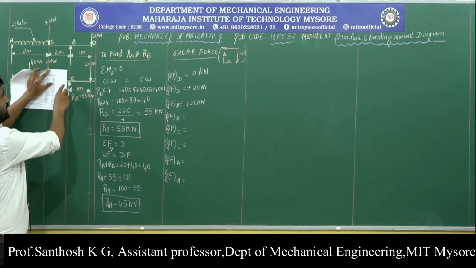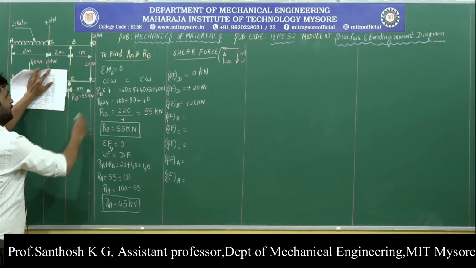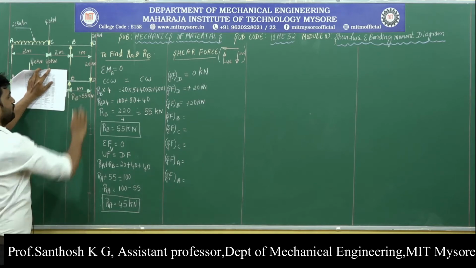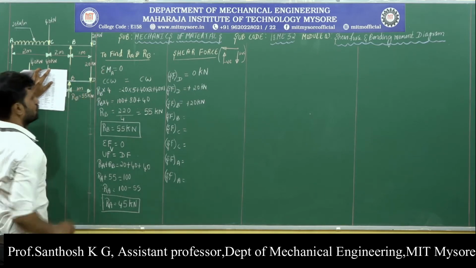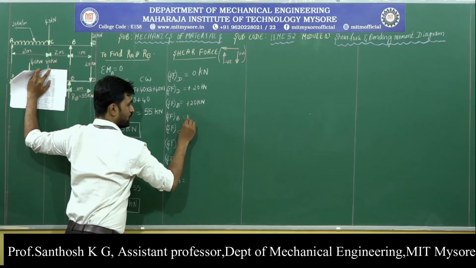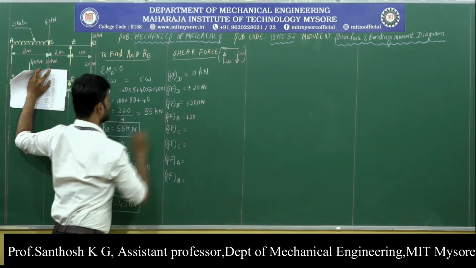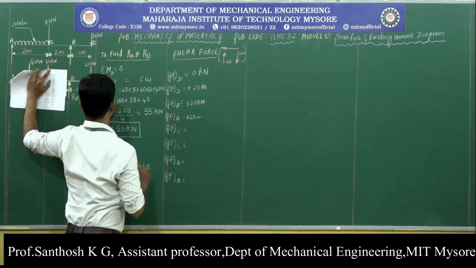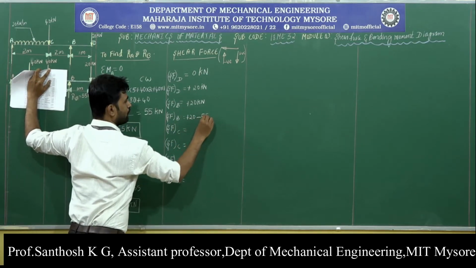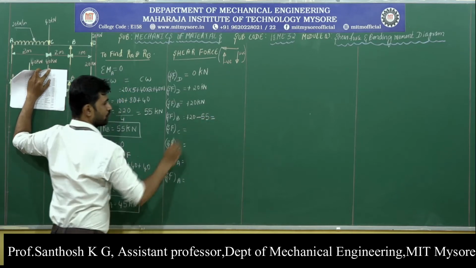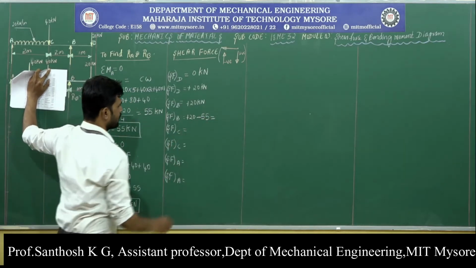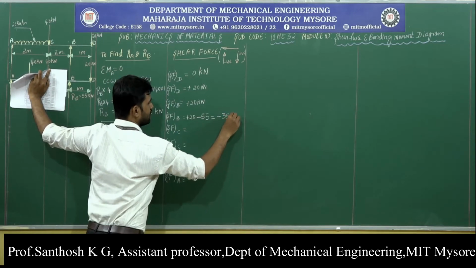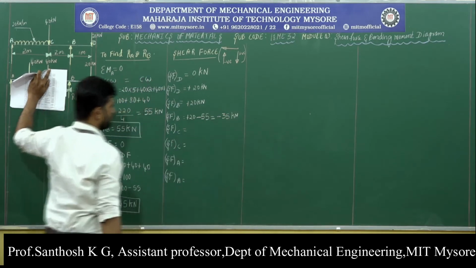Then, if we consider the shear force acting at B, while moving from right to the left side, we will get two shear forces. One is downward shear force of magnitude 20, and another one is upward shear force of magnitude 55 kilonewton. So, when you add these two, we get the net value as minus 35 kilonewton.